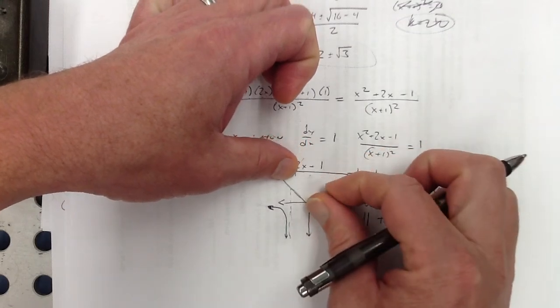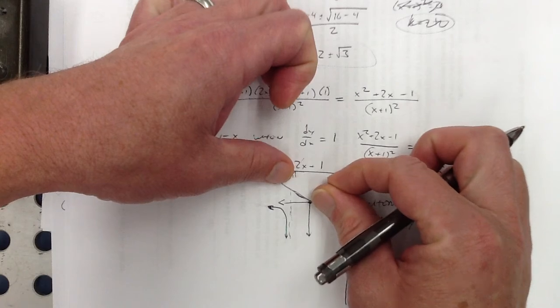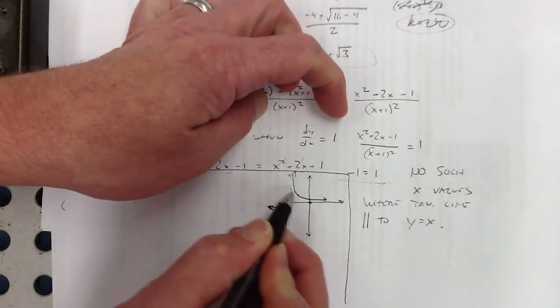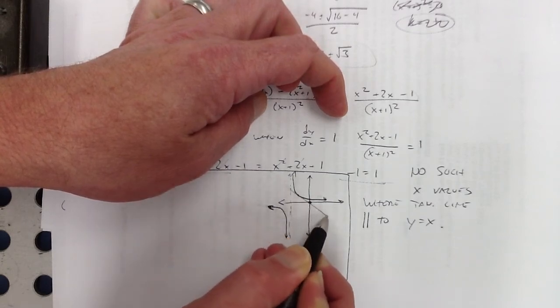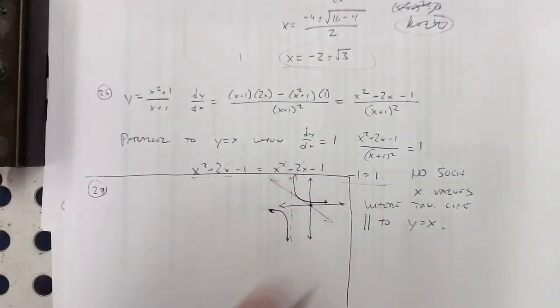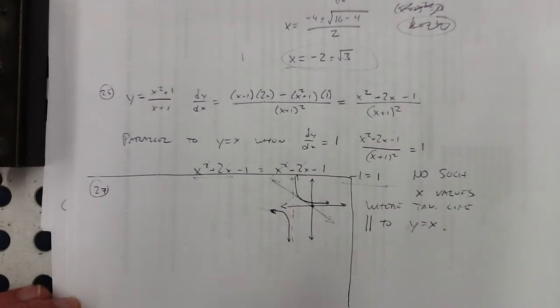Going for a drive on the little road. Oh, look. Somewhere right about here, there's a tangent line that goes through the origin. Well, isn't that special?